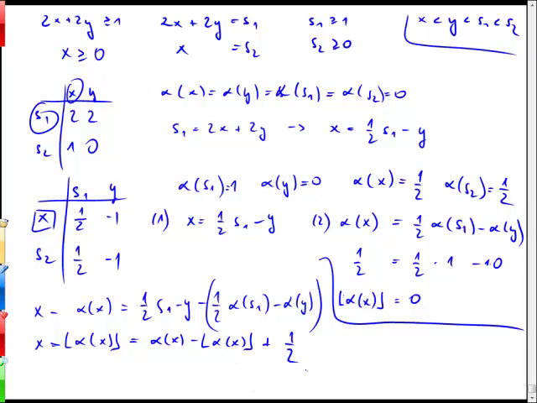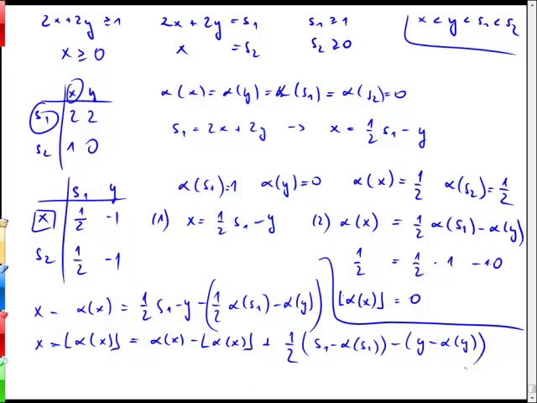And in the rest, I can pull it together to S1 minus alpha of S1, plus minus 1 y minus alpha of y.